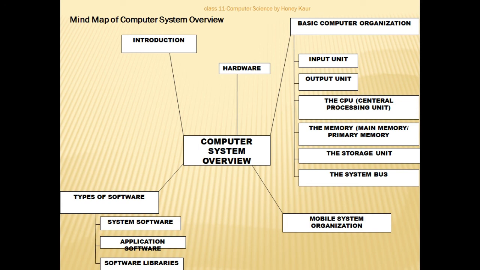Apart from that, these are the hardware components. We have also learned in this chapter the types of software, system software, application software, and software libraries. And as nowadays every life moves around mobile, we saw how a computer system is a type of mobile, or you can say mobile is a mini computer and performs all the functions of a computer.